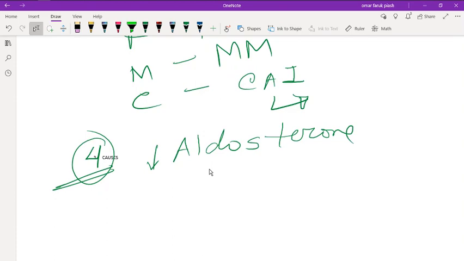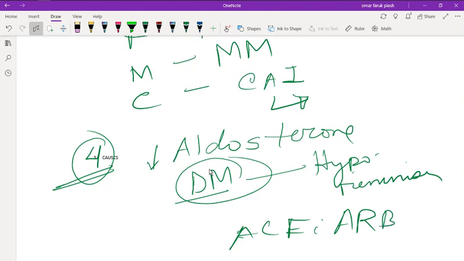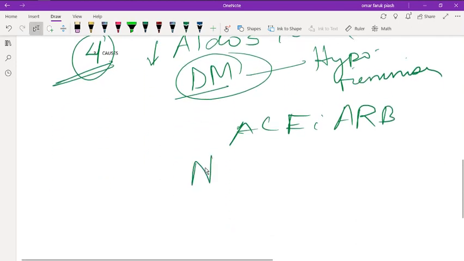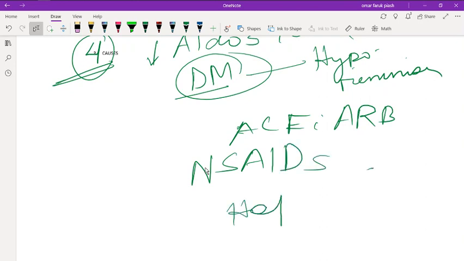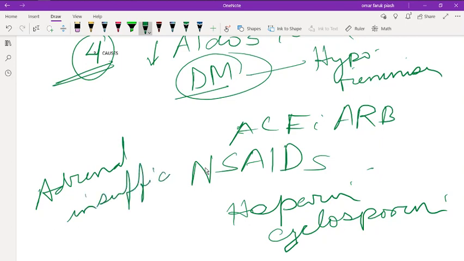In decreased aldosterone, the causes are diabetes, hyporeninism, ACE inhibitors, ARBs, NSAIDs, heparin, cyclosporine, and adrenal insufficiency.